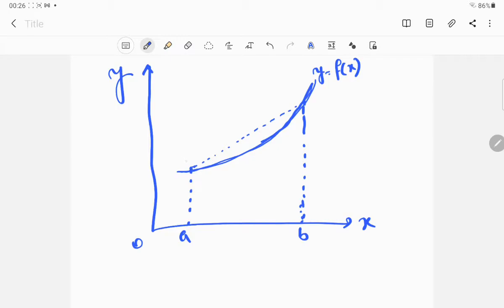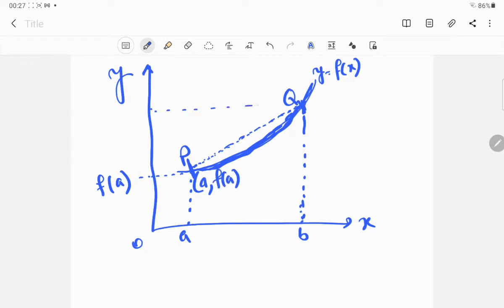Let me name them P and Q. So this curve is not exactly but approximately equal to this straight line between the points P and Q. Now if I want to write in x and y coordinates, for P, the x coordinate is a, and the y coordinate is f(a). Similarly for Q, the x coordinate is b, so it is f(b).